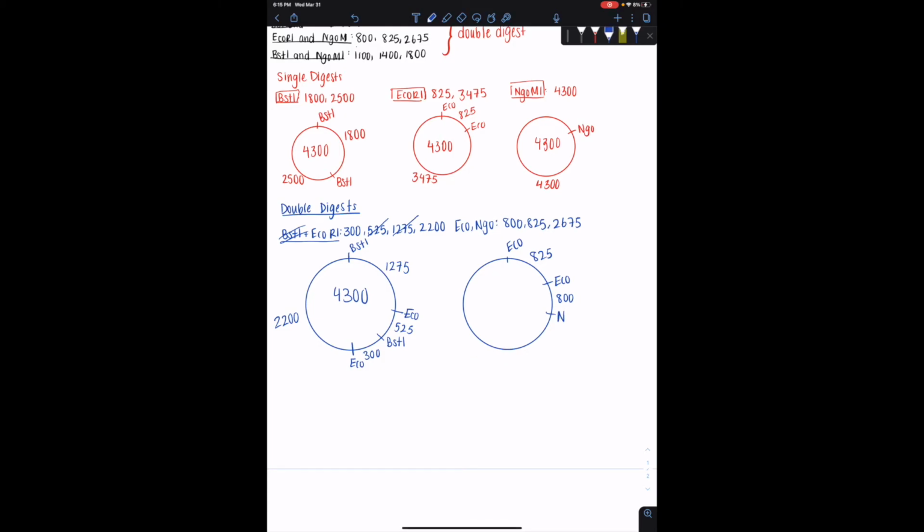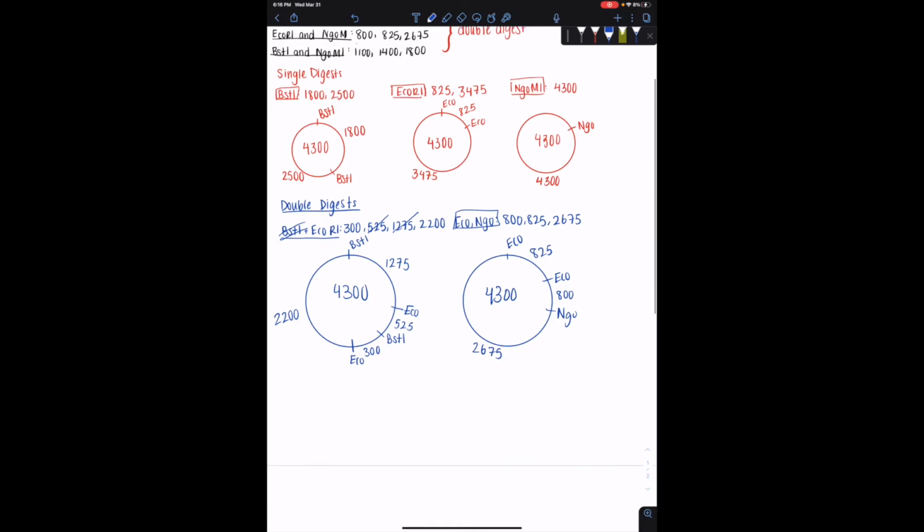And then this bigger piece right here is going to be worth 2675. Because 800 plus 2675 equals 3475 over here. So we're already done with our eco and engo digest.